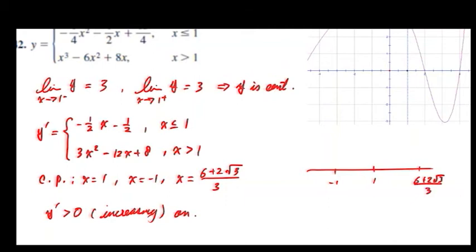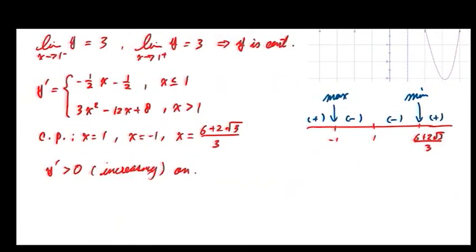And this time we have to look at this interval outside. In order to save time, I'm going to do it fast. This will be positive, this will be negative, and this will be negative, and this will be positive eventually. So what we have is, this is your maximum, and that's nothing, and this is your minimum.